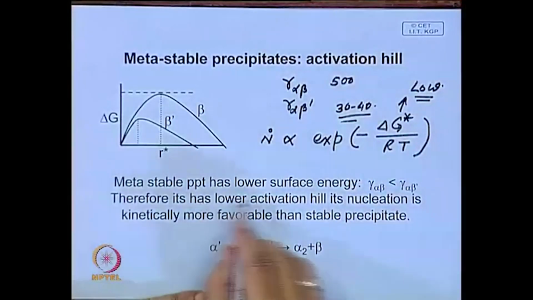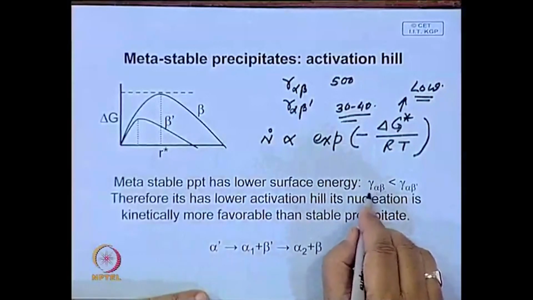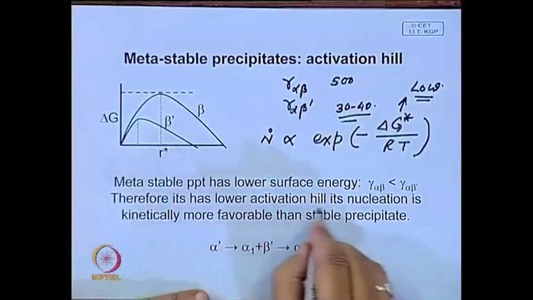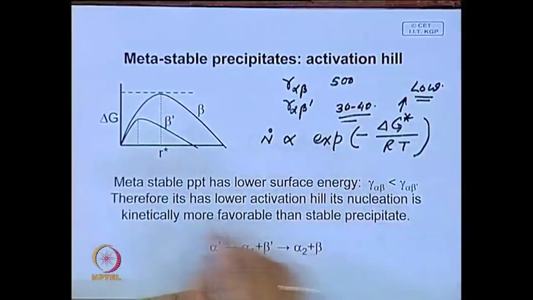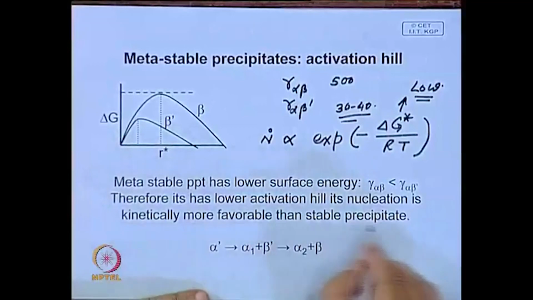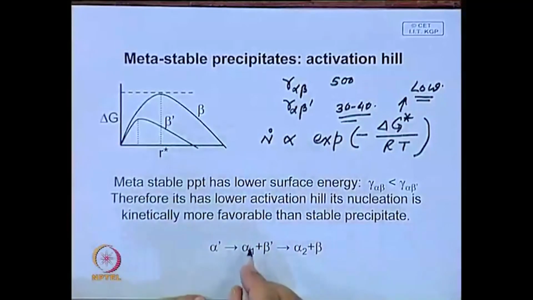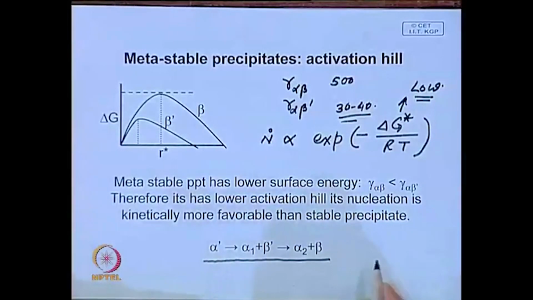Therefore, since the metastable precipitate has lower surface energy and a lower activation hill, its nucleation is kinetically more favorable than the stable precipitate, and that is why this is the way precipitation takes place in any supersaturated solid solution.